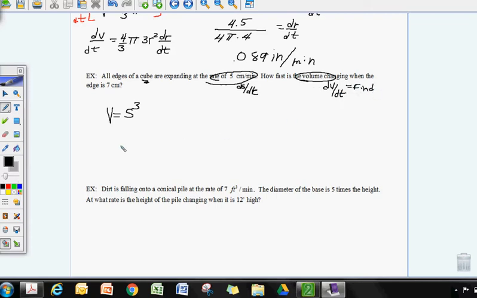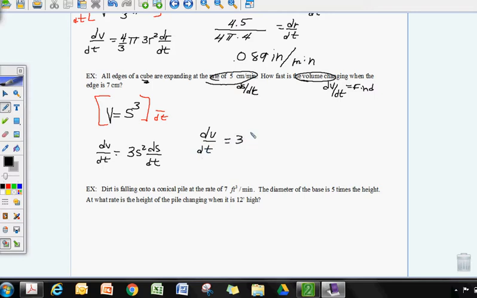So hopefully you guys are starting to scribble on this too. So what do I have to do to that formula? I have to take that formula with respect to t. When I do that, I get dV/dt equals the derivative of s cubed, which is 3s squared ds/dt. Okay, so fill in the numbers that you know. I don't know dV/dt. That's what I'm trying to find.